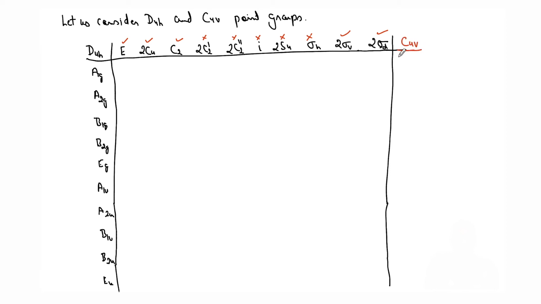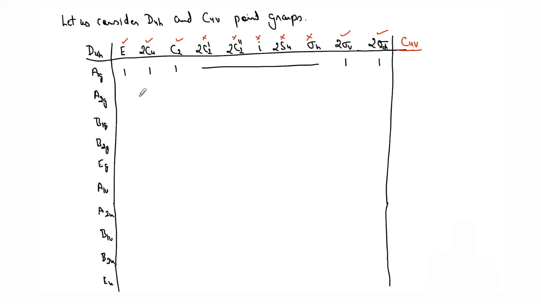Okay. Now if we write down the characters from the character table only for the common symmetry operations, we will see that this is 1, 1, 1, and I'm not going to write anything here, and this is 1, 1.